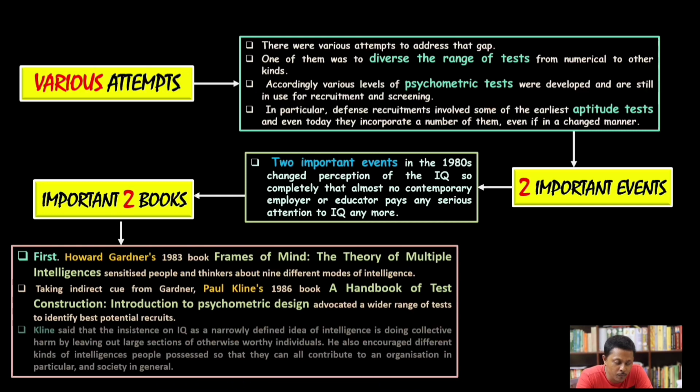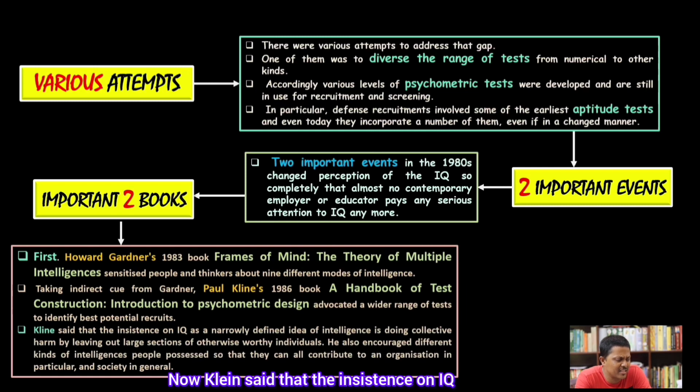Now, Klein said that the insistence on IQ is a narrowly defined idea of intelligence that is doing collective harm by leaving out large sections of otherwise worthy individuals. He also encouraged recognizing the different kinds of intelligences people possess, so that they can contribute to an organization in particular and society in general.